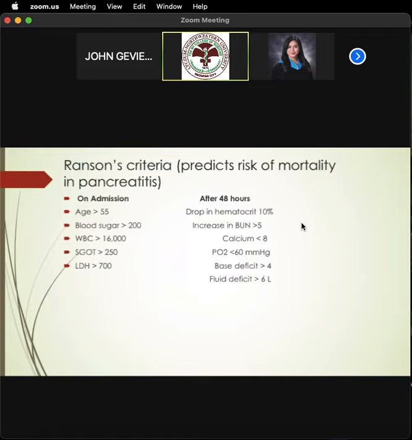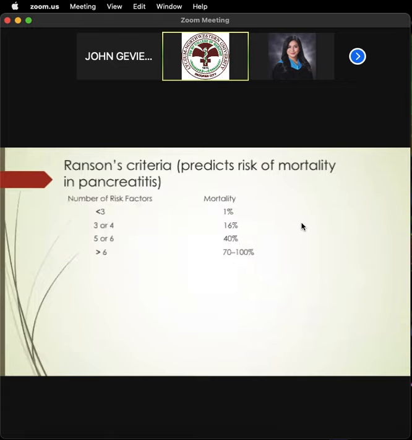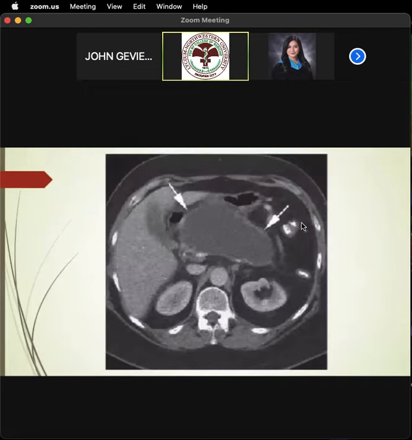Then after 48 hours, you have to request another set of laboratories. The caveat of Ranson's criteria is that it's quite tedious, and you have to wait another 48 hours in order to assess. This is the number of risk factors, then the percentage of mortality according to the risk factors.